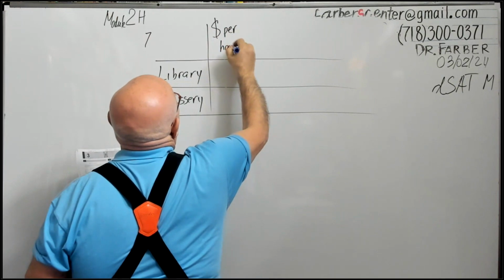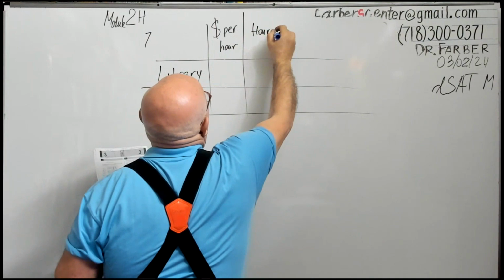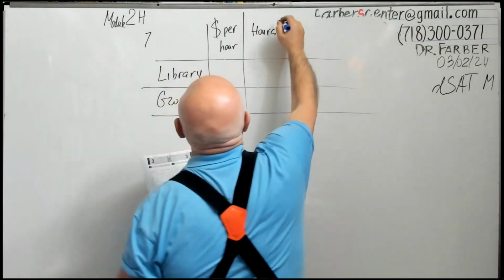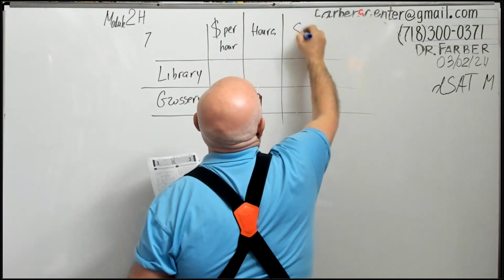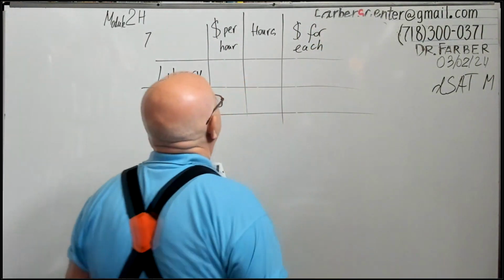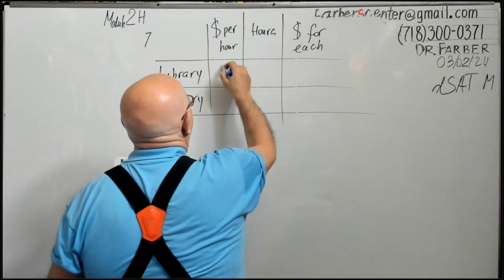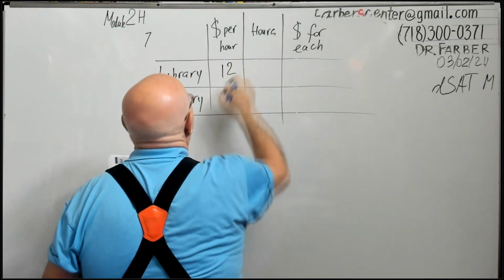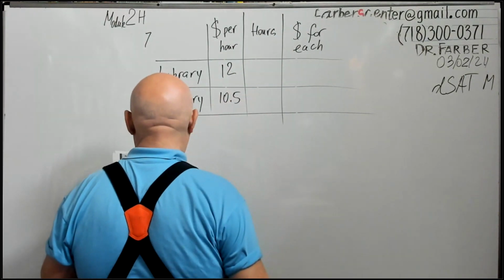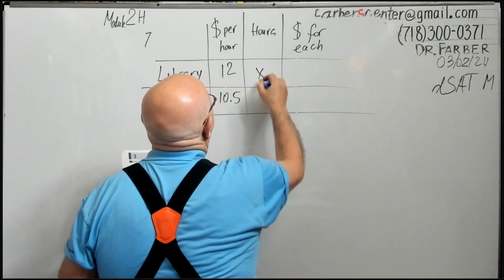Just read this problem. Hours. Dollars for each. Now incorporate this data. For the library, $12 per hour. In grocery, 10.5. This is X, this is Y.